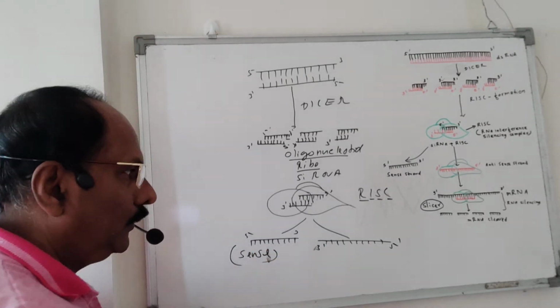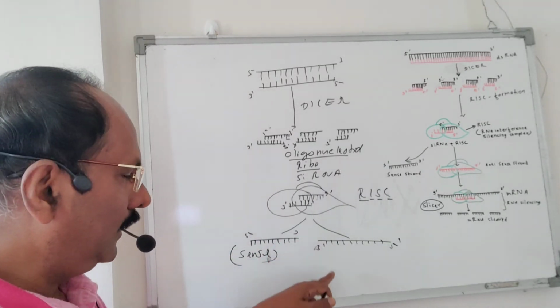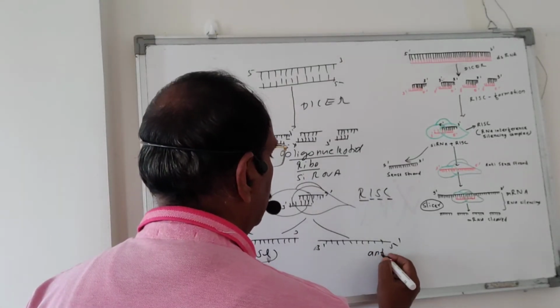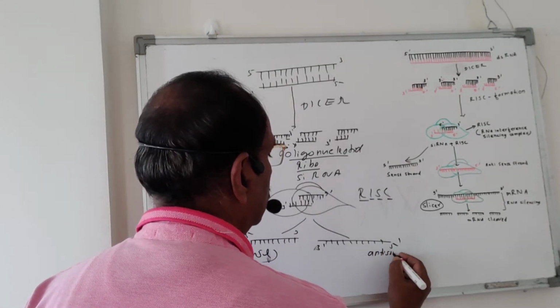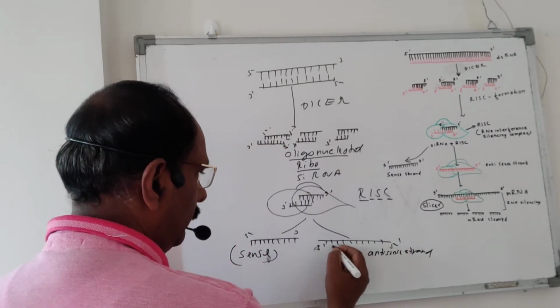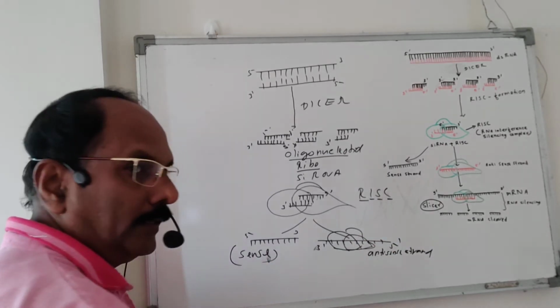This sense strand is not used for RNA interference; it will be destroyed by a particular RNase enzyme. The other strand is known as the antisense strand. This is the candidate for RNA interference. The antisense strand stays with the multiple protein complex.